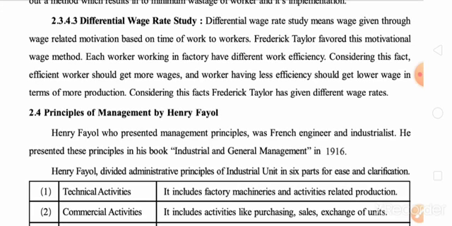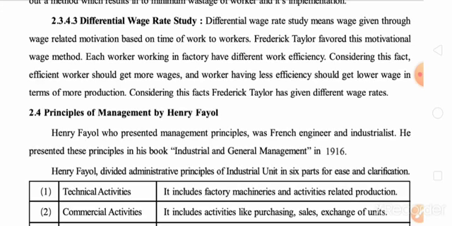The full sentence is: efficient workers should get more wages in terms of more production. If the efficient worker gives more productivity, then he will get more wages.